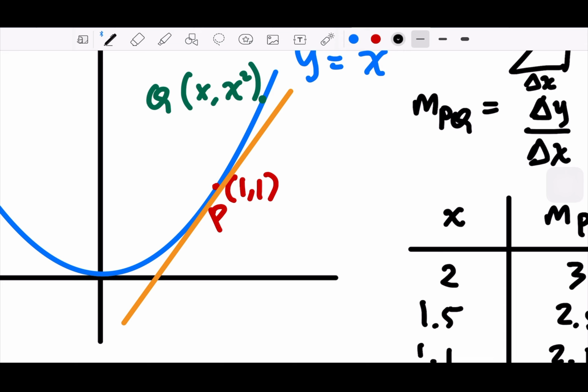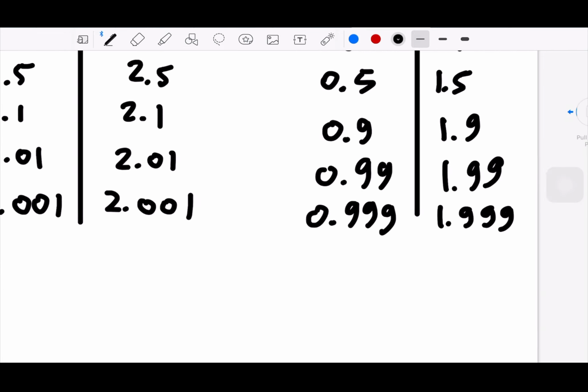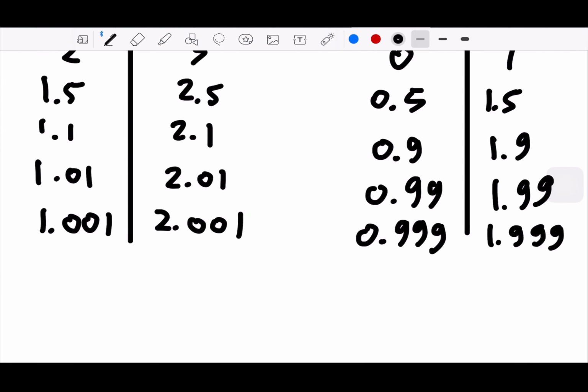It can be here, so we are approaching from right to this point, which is what we are going to do with this number 2 until nearby 1.1. Or we can go from the left side, from 0, going right, going right, going right, up until nearby 1, it's 0.999.